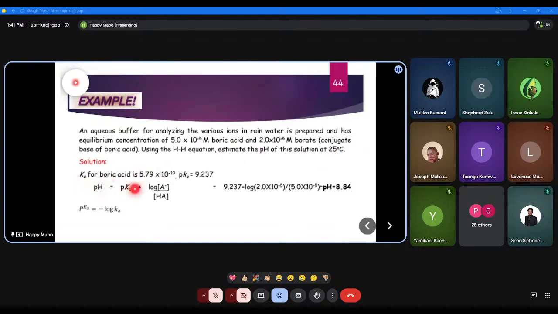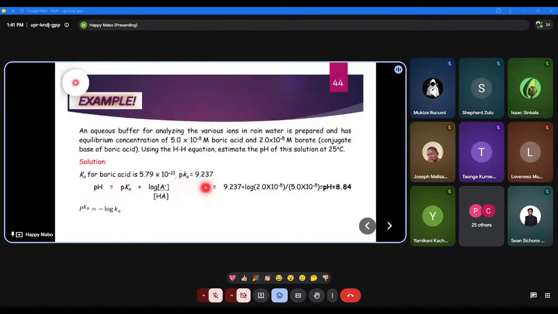The Ka for boric acid is 5.79 times 10 to the power negative 10. And the pKa value is computed using this equation here. We remember this equation, we have seen it before. Using it, you find that the pKa value is 9.237.